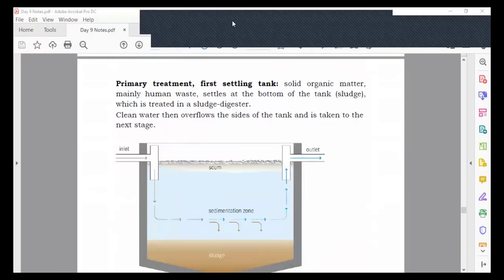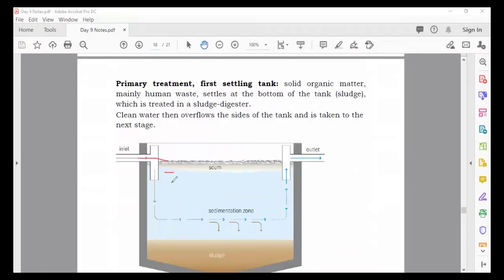Now what is this tank? In this tank, water will come from here, and you will leave the water here. You will not do anything. You will let the water stay there for a while, maybe one day, two days, or some hours. What will happen?